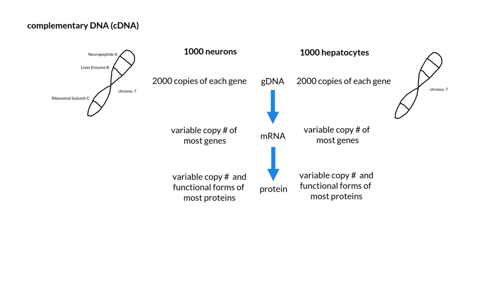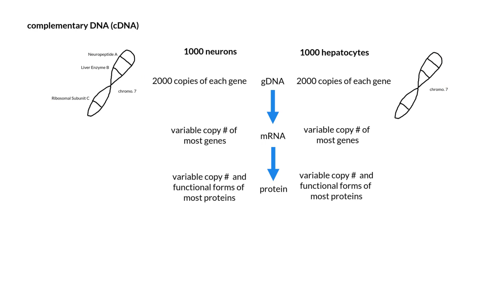Starting with the genomic DNA from these two samples, you can see that there's absolutely no difference in the genomic DNA content between 1,000 liver cells and 1,000 brain cells. Each one of those genomes has a single, in this example, human chromosome 7.